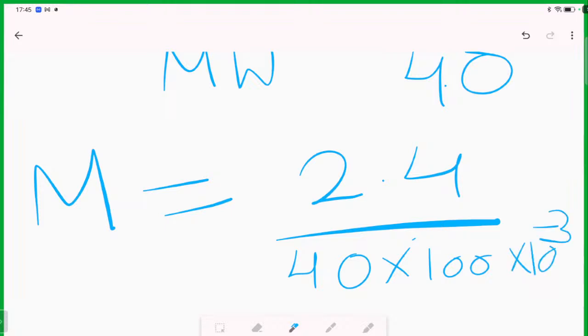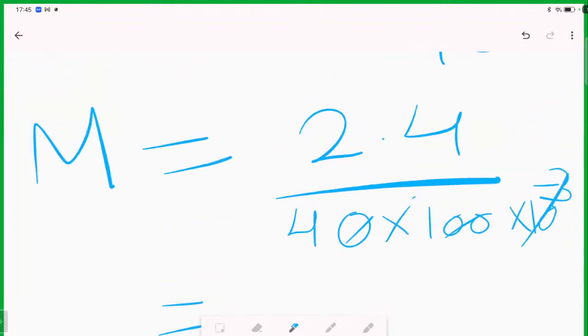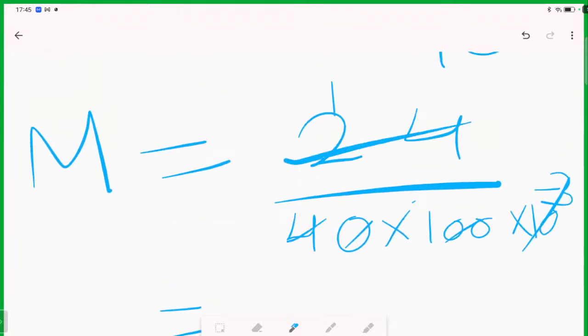So we will get molarity by calculating this. I guess you will be doing it, right? This will be cancelled. 0.6.